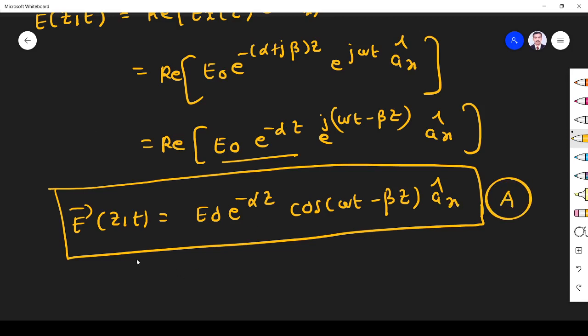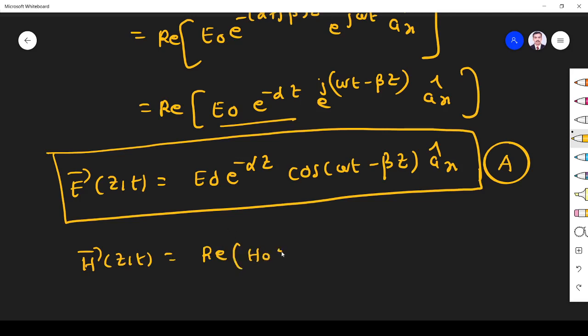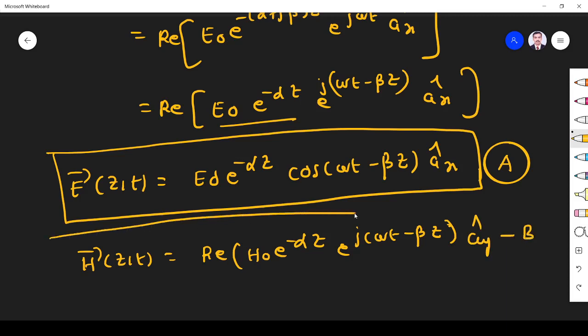Similarly, H we have to find. How can we find H? H we can find with simplicity. H of z comma t is given by the same procedure, no need to derive. It is a symmetry relation, so we can write H naught e power minus alpha z e power j omega t minus beta z, where the wave propagates, and the magnetic field will be in Ay direction. That is the only change.